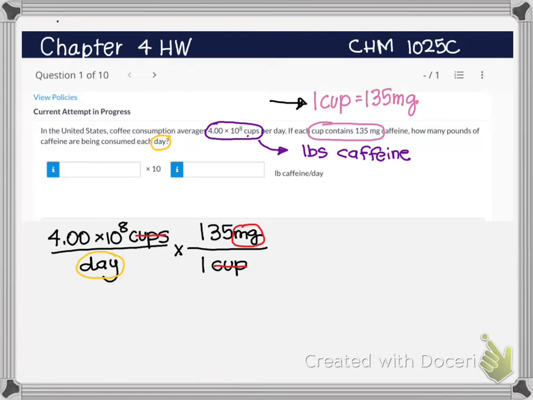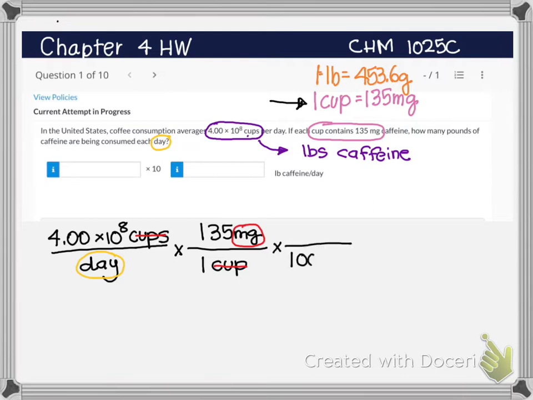All right, so I'm looking at the equality that I gave in class, and I do see the top one in mass. It says 1 pound equals 453.6 grams.